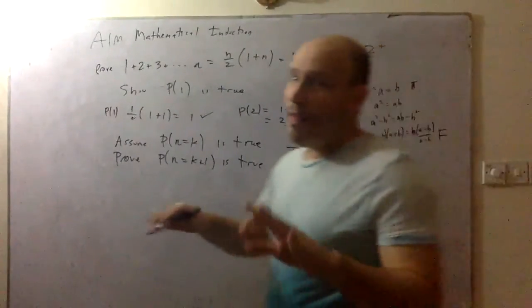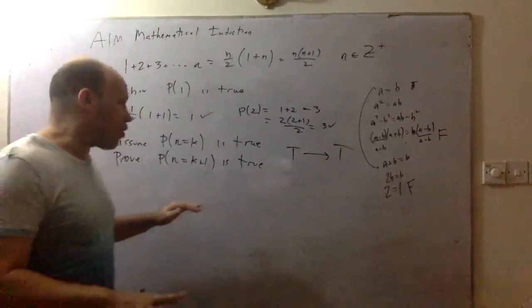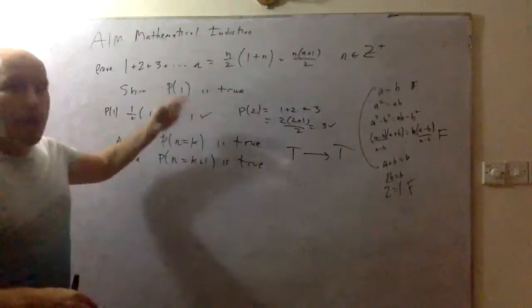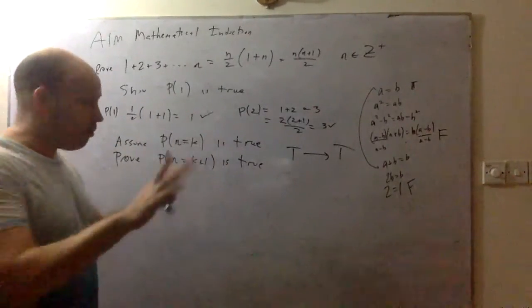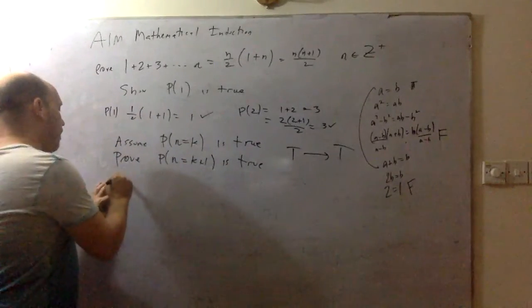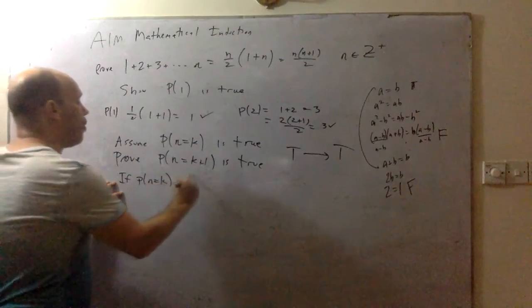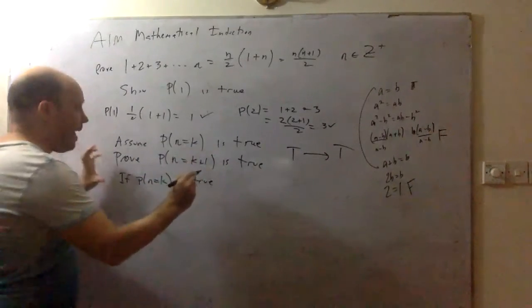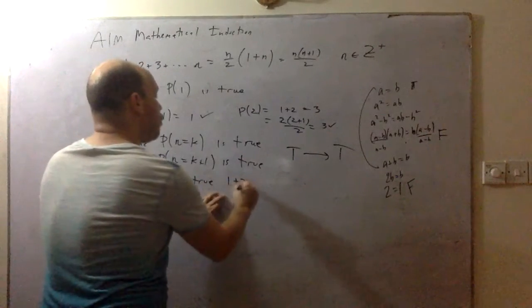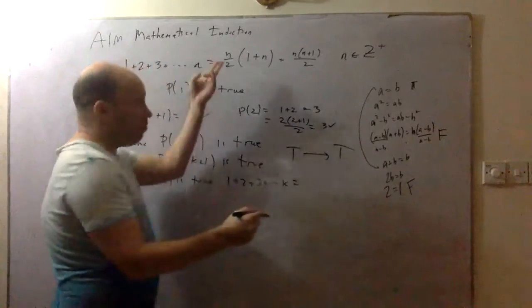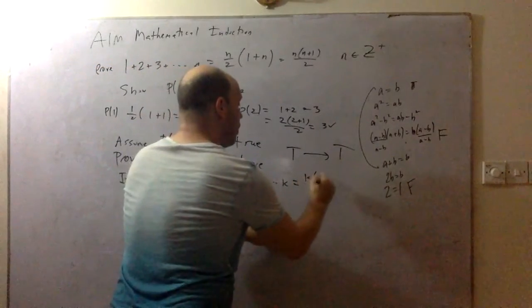So this is the idea behind mathematical induction. We're going to assume that some k is true and prove that the next term is true. So if P of n equals k is true, that means that 1 plus 2 plus 3 up to k is equal to what we think it should be.